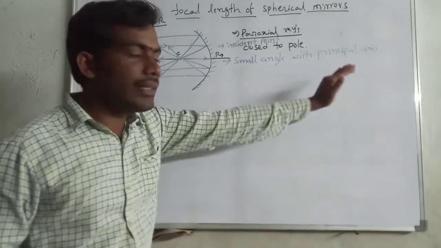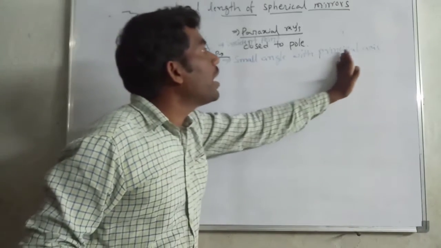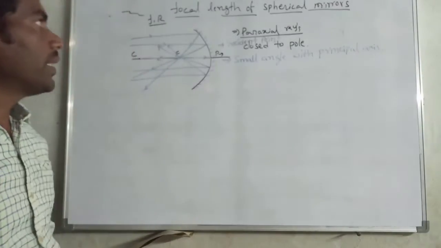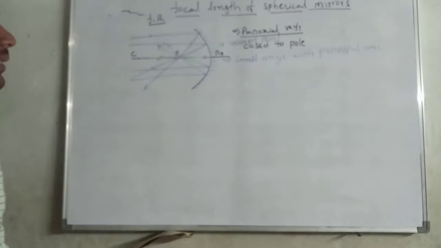Paraxial rays means the incident point is closer to the pole, and second, a small angle with the principal axis. This is the most important property of paraxial rays.